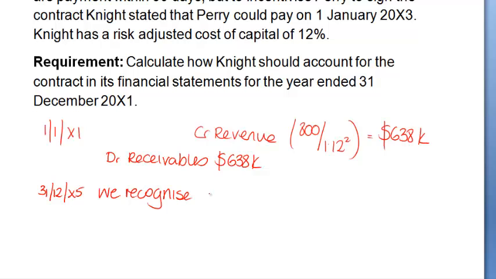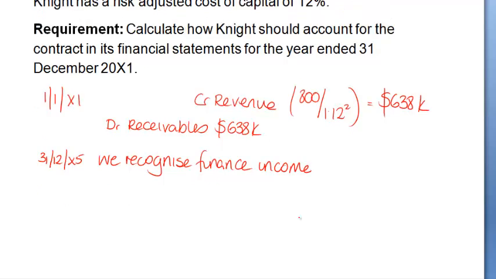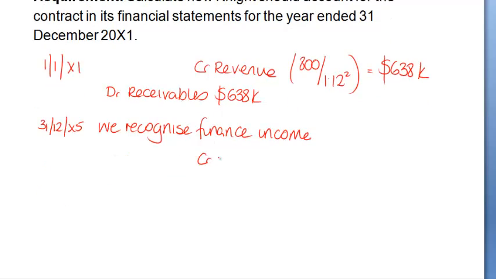we recognise finance income. So here I'm going to credit investment income or finance income or whatever you want to call it, and that's going to be 638,000, and we're receiving finance income at the rate of 12% a year.